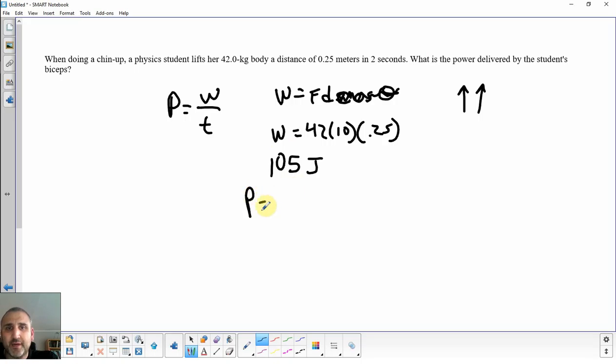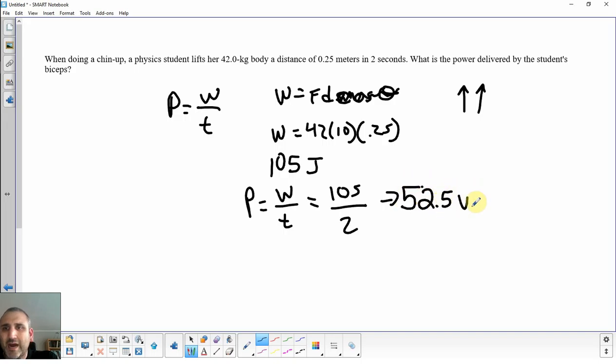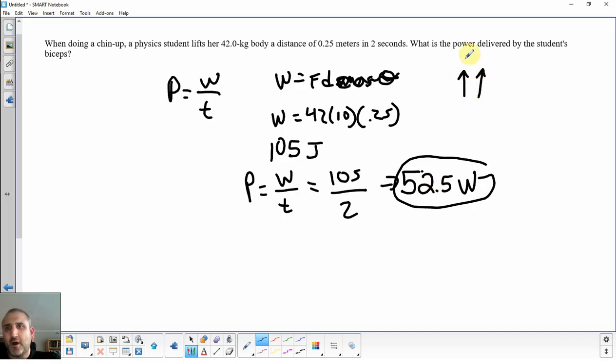And that is power equals work over time, which is 105 over 2 seconds, which equals 52.5 watts. Okay? And again, up means positive work, and if she was pulling up but going down, that would be negative work, and that's kind of important to remember tomorrow.